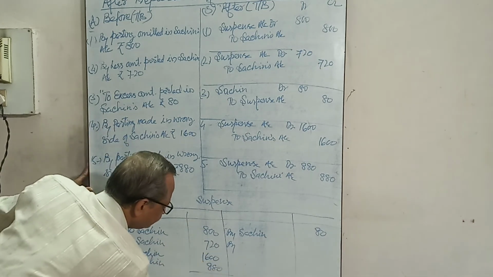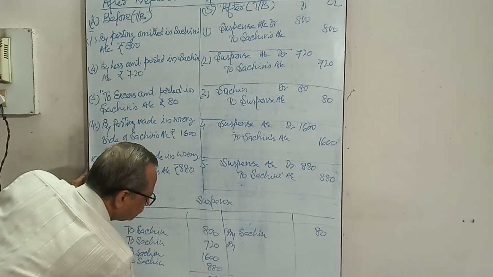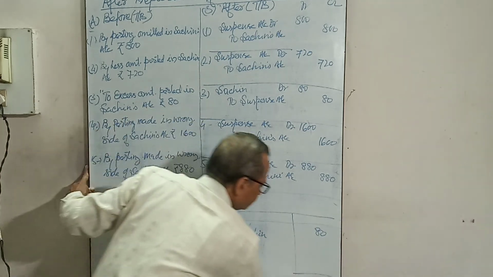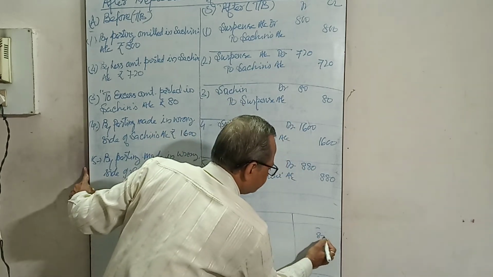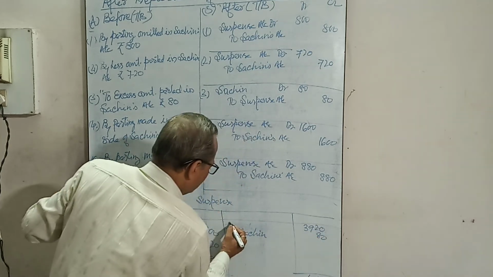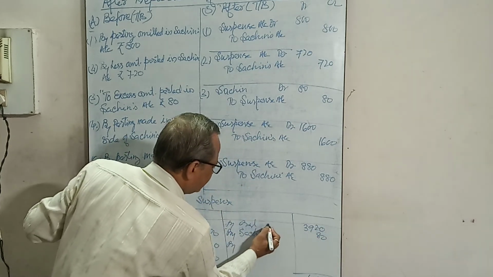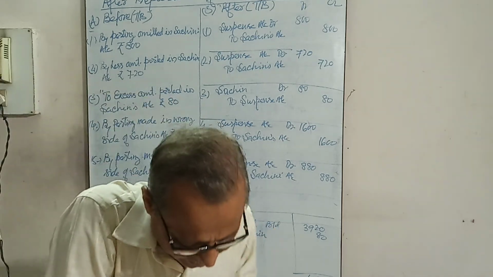Total these two. This side is different. The difference lies in this side. The suspense account, by balance brought down. This is the preparation of suspense account.